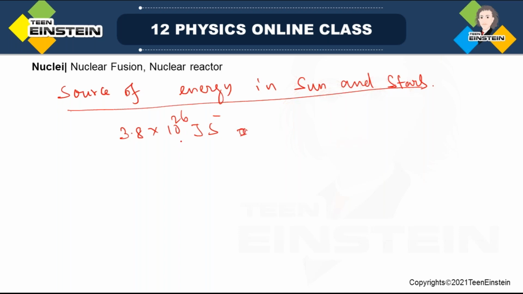This is a watt also. Okay, so this is the rate of energy radiation from the sun, and the sun is actually radiating energy for several billion years.